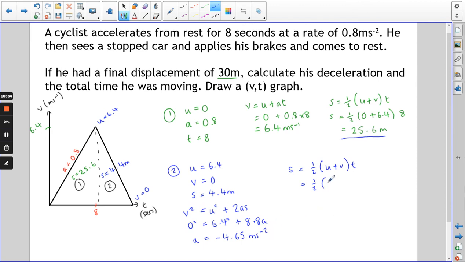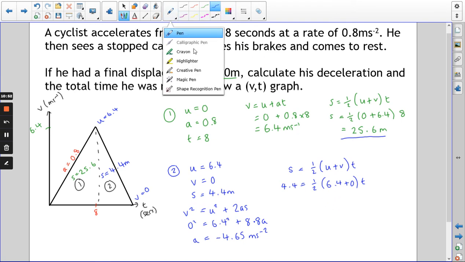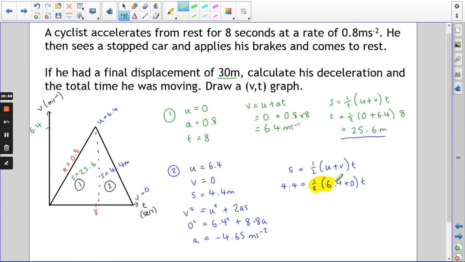So we've got 6.4 and 0, so half of that is 3.2. Okay, we also know the displacement was 4.4 and we're trying to find T. So 4.4 divided by the 3.2, the 3.2 is coming from this bit here, like a half of 6.4 plus 0. So 4.4 divided by 3.2, you get a time of 1.375 seconds to come to rest.